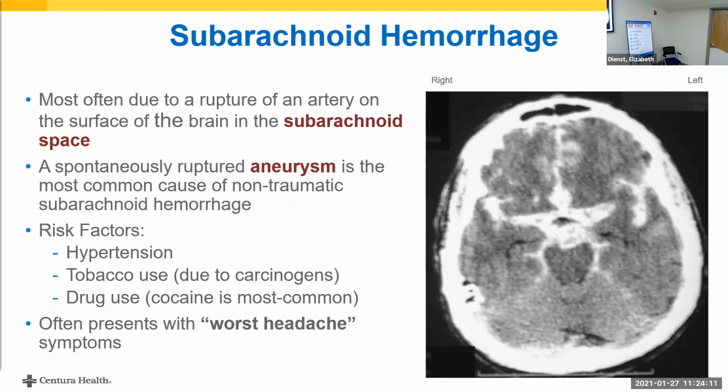Cocaine is the most common of the drugs, but methamphetamine is right there with it anymore. These are the patients that often present with a sudden onset thunderclap headache. It's the worst headache they've had in their life. The ICH, the intracerebral hemorrhage, is painful too, but everyone describes this as an out-of-proportion type of pain that these patients feel.